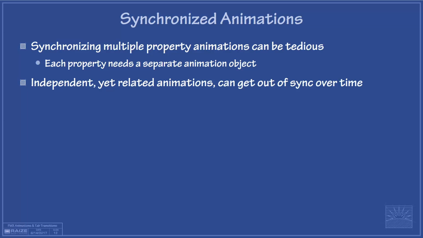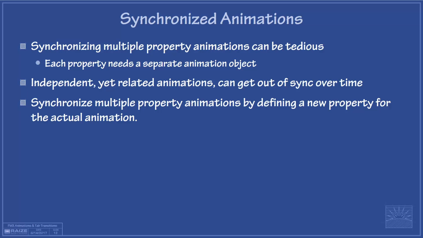And so in order to get around that, I'm going to show you a technique that I've used quite often to get around this same particular issue. And it's all accomplished by defining a new property that we do the animation over, but then at each change we can update any number of objects based on the animation values. So this is a really cool way to keep everything that we're trying to animate synchronized.